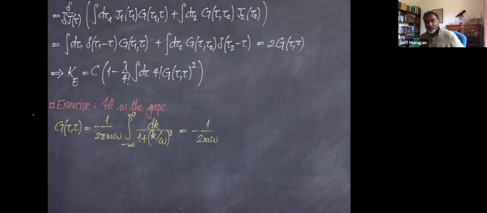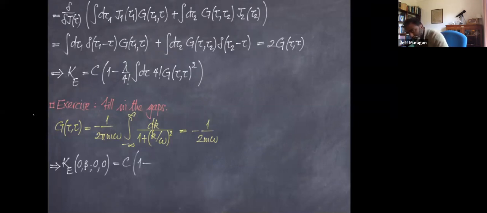If I substitute this back, I will find that my expression for the Euclidean propagator, ⟨0|e^{-βH}|0⟩, is just the constant times (1 minus βλ over 32 m²ω²), plus terms that are order λ².